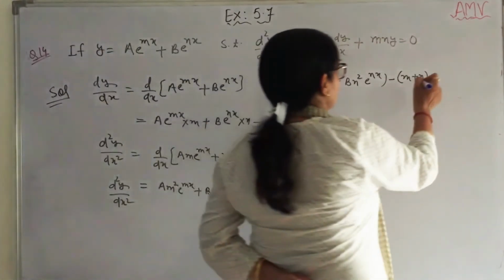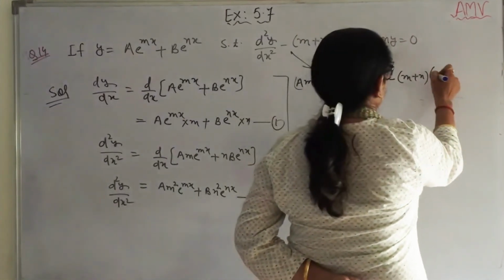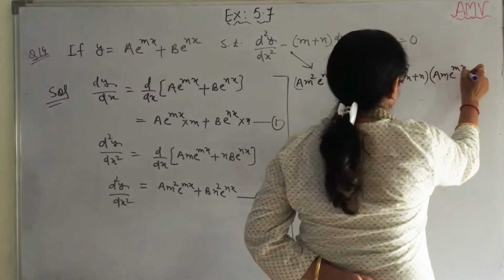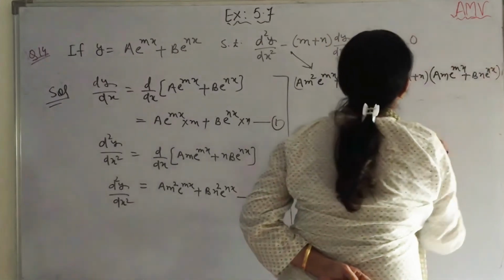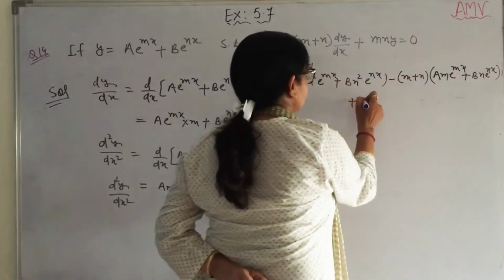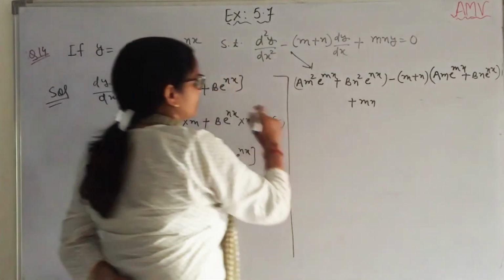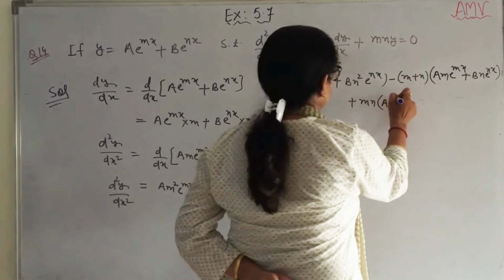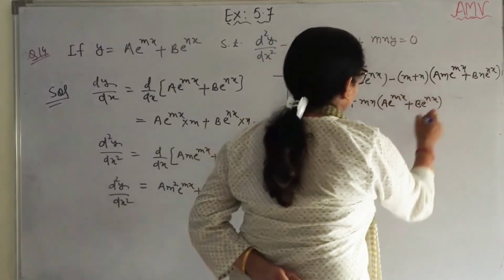So here you have to write a m e raise mx plus b n e raise nx. Okay, then plus m n and the value of y. Y is a e raise mx plus b e raise nx.